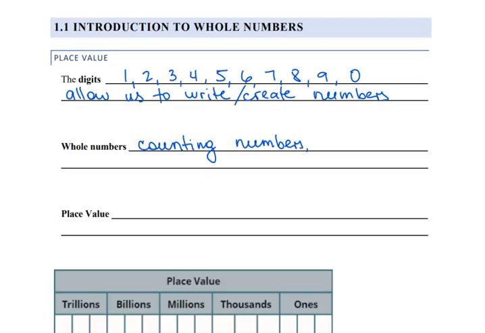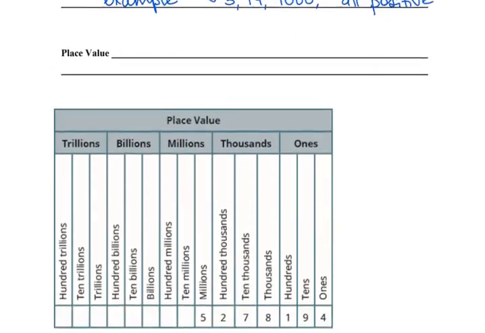So counting numbers, that means, for example, you have 3, you have 14, you have 1,000, okay? So all positive, okay? And then once we start combining our digits in all sorts of ways, we can have the 1-digit number, 2-digit number, 3-digit number, and the list goes on.